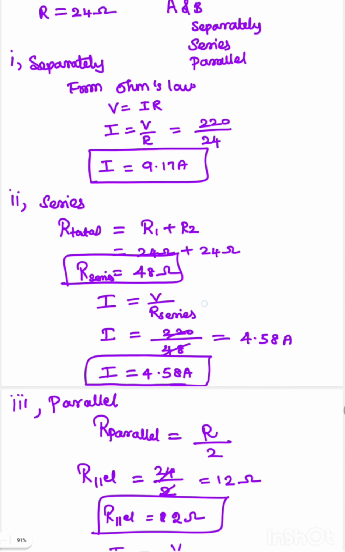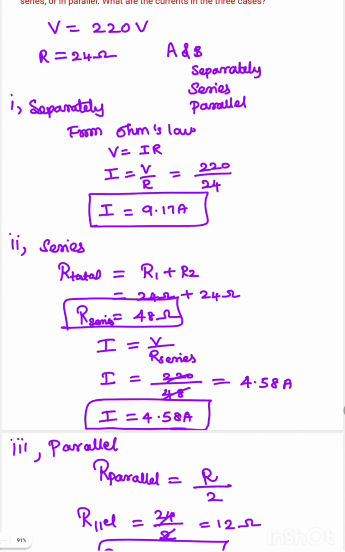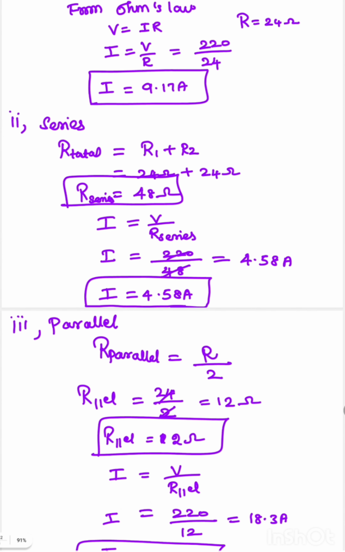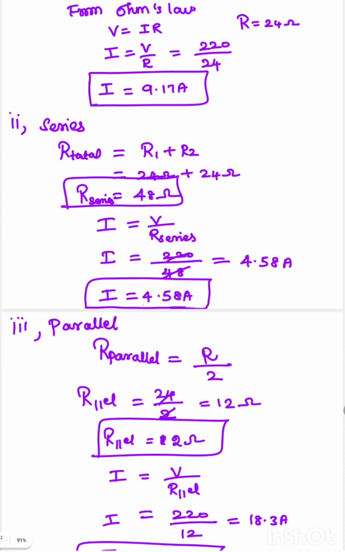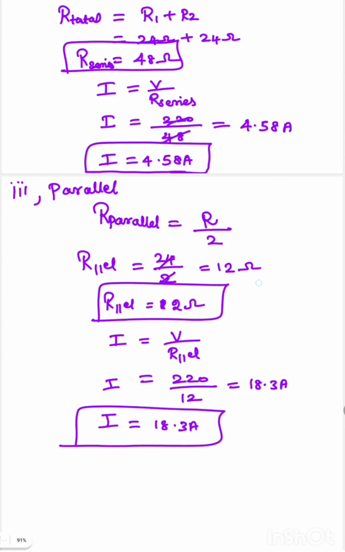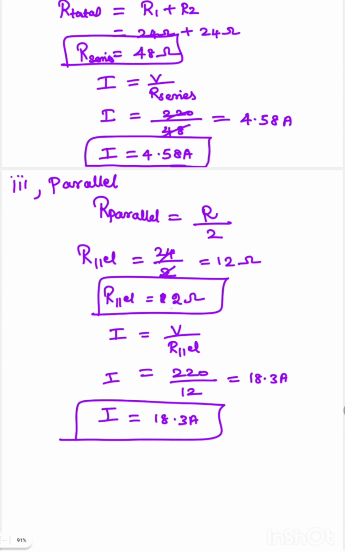So in these three cases, you can see that separately R is equal to 24 ohm and current is 9.17. In the series case, R is 48 ohm and current is 4.58. And in the parallel case, R is 12 ohm and current is 18.3 amps.